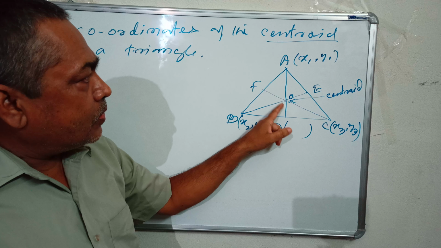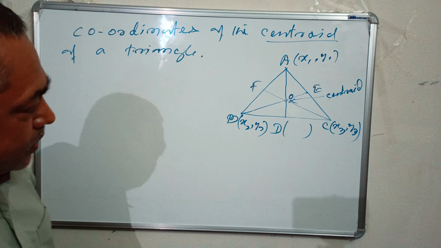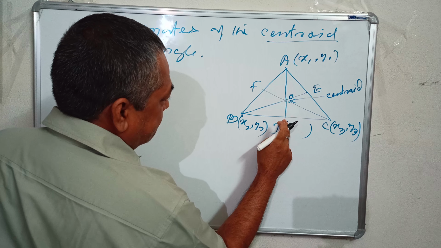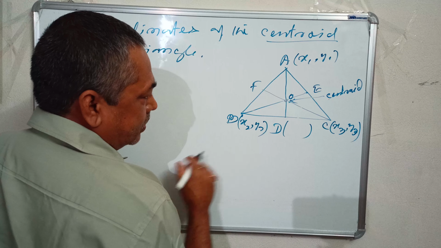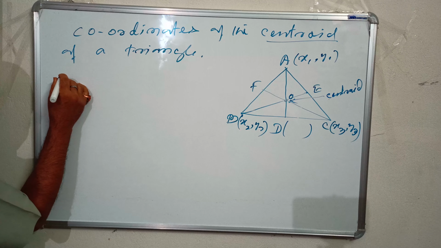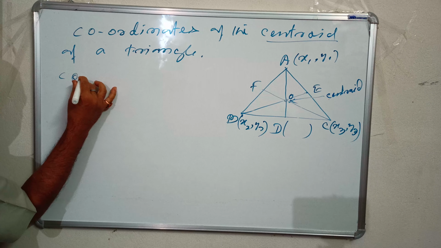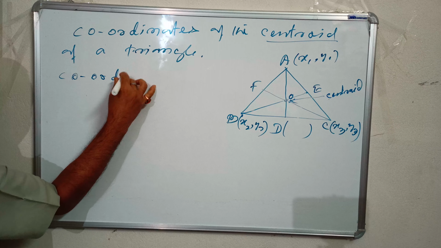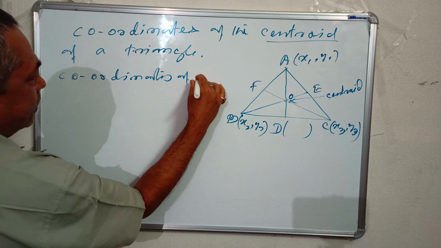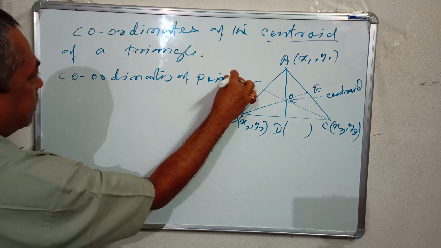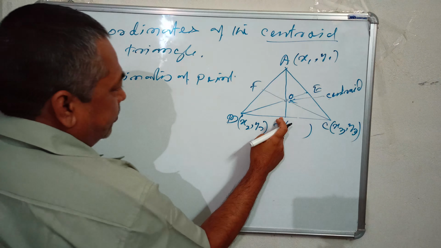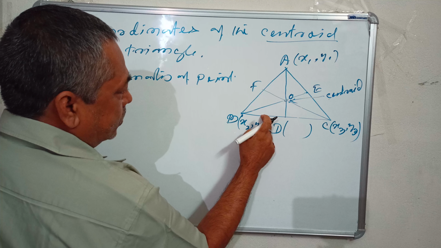Now, coordinates of the centroid of a triangle. How will you find the coordinates of this point? I already told you AD is a median, that means D is the midpoint of BC. So the coordinates of point D: since it is the midpoint, the ratio is 1:1.